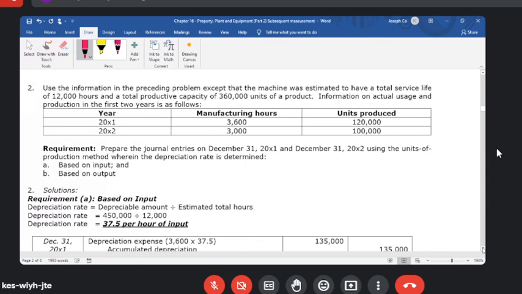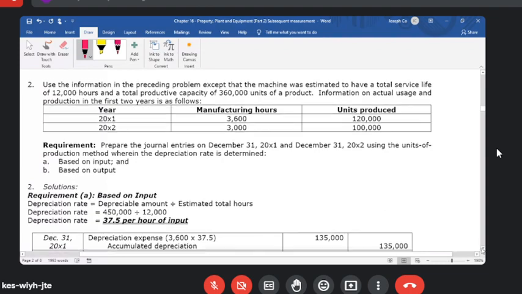Prepare the journal entries on December 31, 20x1 and December 31, 20x2 using the units of production method, wherein the depreciation rate is determined based on input and output.